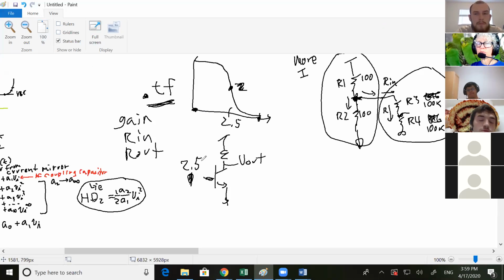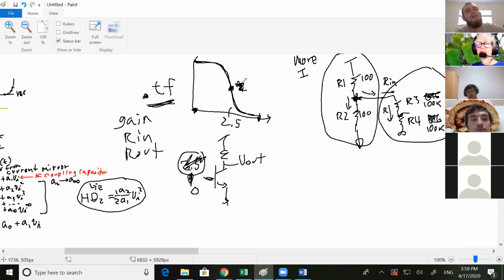But it does it for whatever input voltage you put on your amplifier. So if I put 0 volts here, it would look here and say, oh, your gain's 0. It wouldn't give you a good result. So when you use .tf, you generally have to do a DC sweep or something.